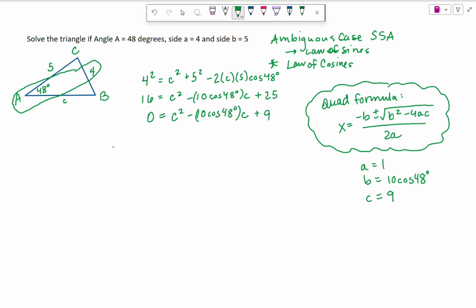Let's use the quad formula. So x is equal to, and then just apply the quad formula. I recommend computing this 10 cosine 48 degrees.